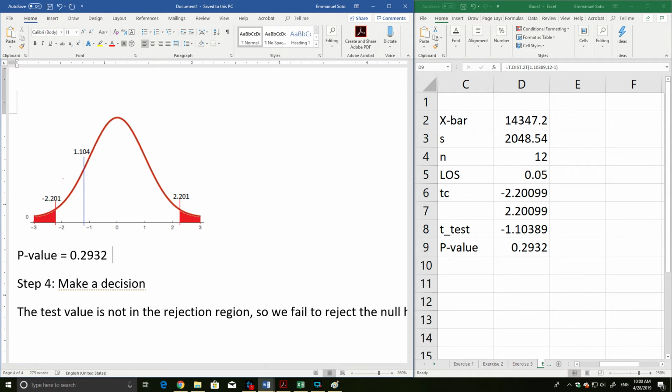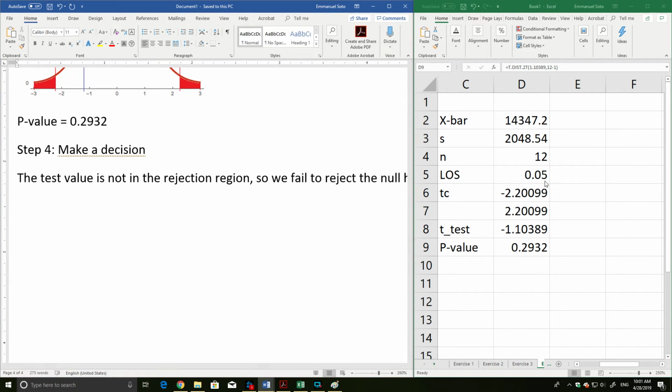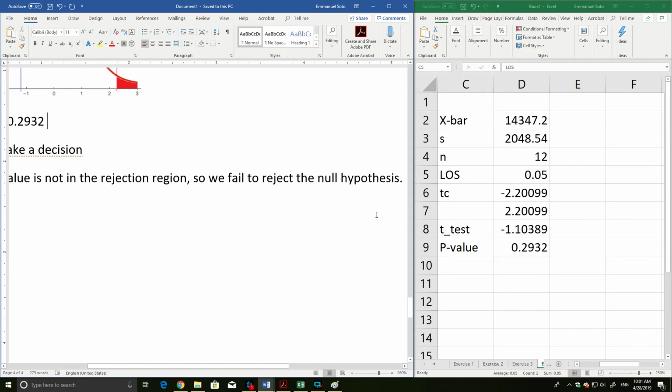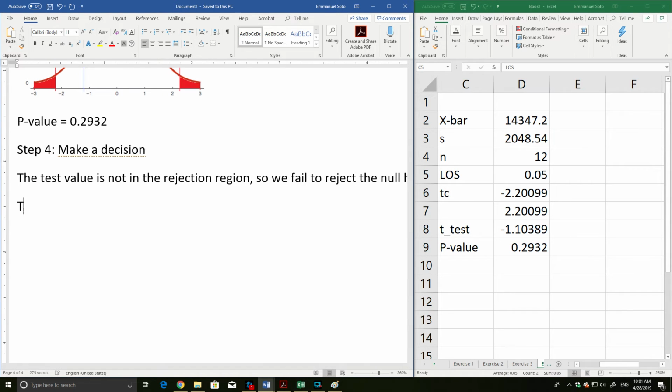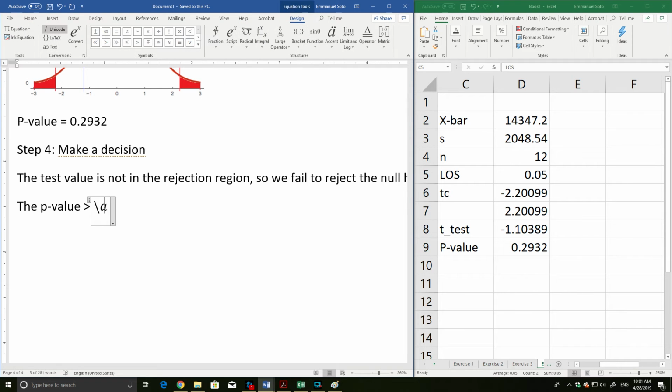And you may recall that if this number is bigger than our alpha, then we fail to reject. So this number is indeed bigger than alpha because our alpha is 0.05. All right, so then we say that we fail to reject, so we can also say the p-value is greater than our alpha.